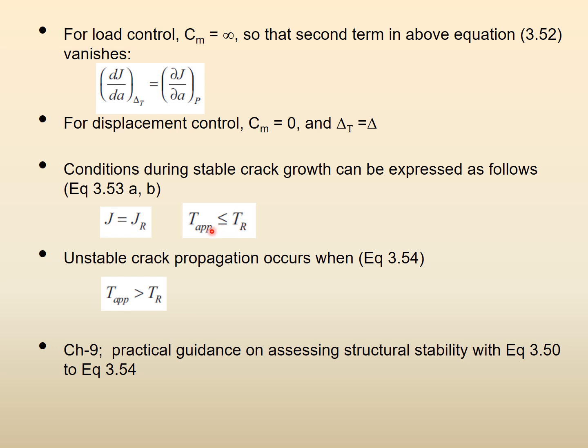As long as this is less, this means as long as the rate for the resistance of the material is more, then we are stable. This is very similar to the earlier things that we did in LEFM. And unstable is when this applied T is greater than the resistance T. So the conditions are very, very similar.